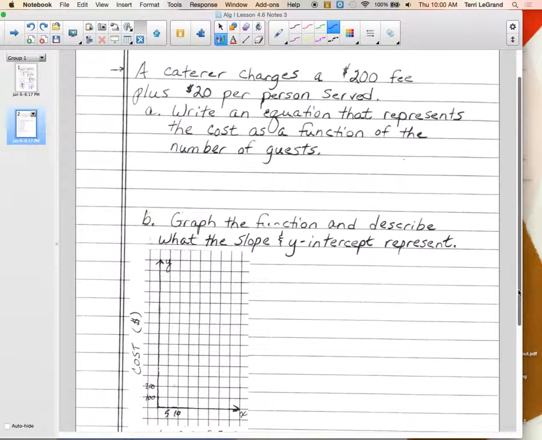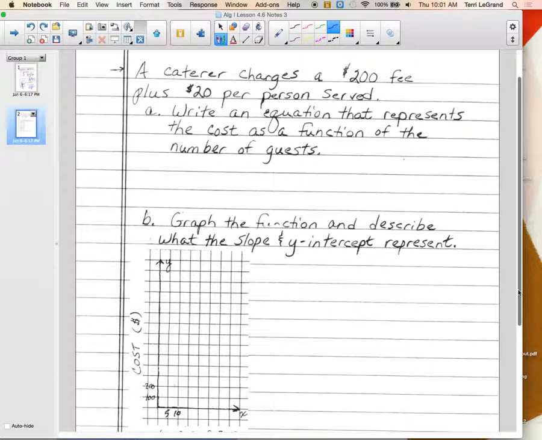We have a caterer that charges a $200 fee plus $20 per person served. So you're gonna have some sort of an event where you're gonna feed people, and in part A, we're to write an equation that represents the cost as a function of the number of guests. So in other words, it's saying cost, the y value, is controlled by how many guests are invited.